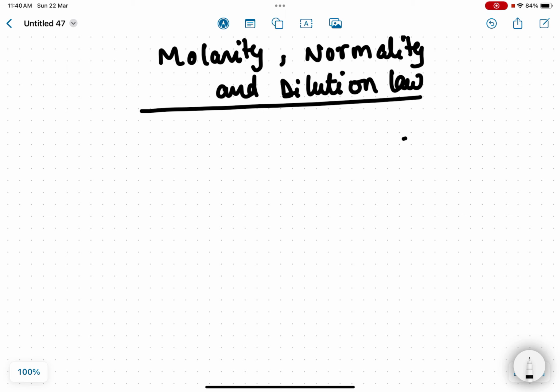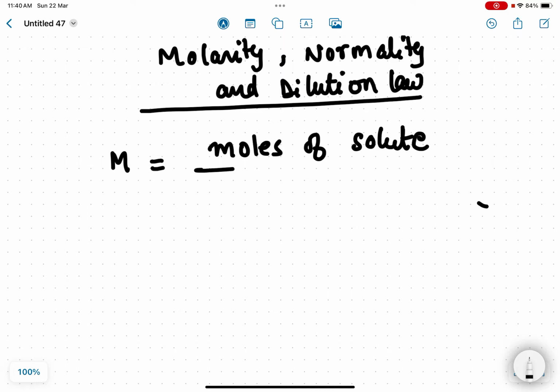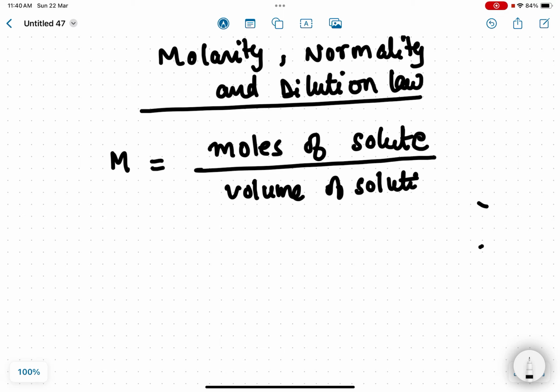Molarity is the number of moles of solute per liter of solution. So molarity, capital M, is moles of solute present in the volume of solution in liter.